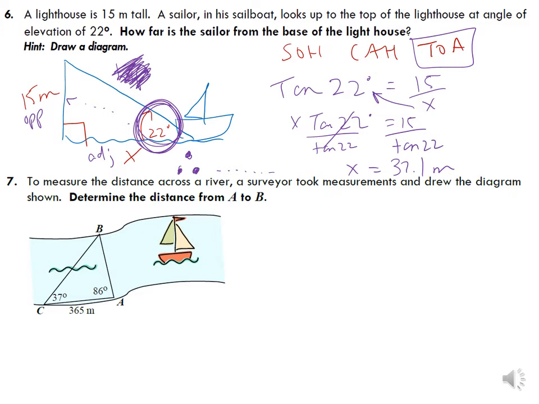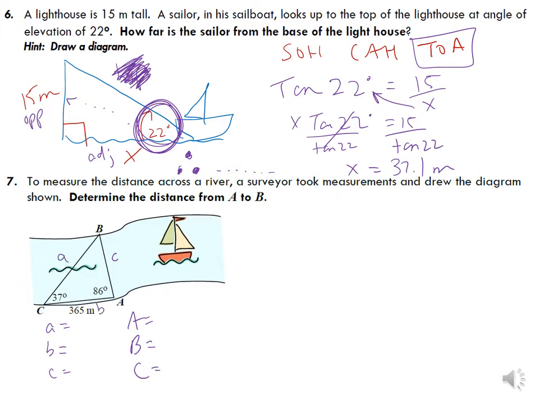Number 7. To measure the distance across a river, a surveyor took measurements, drew the diagram, determine A to B. So really what we're looking for is side C. Now I don't see a 90, so Sohcahtoa is out the window. That means we're left to make our chart. Fill in all your side lengths.